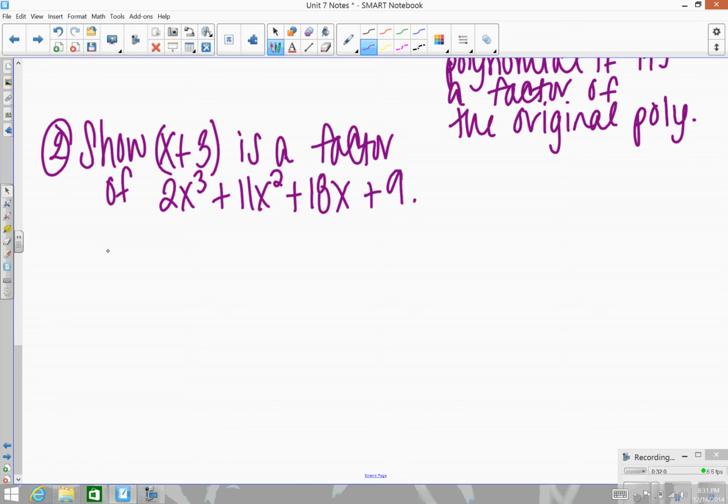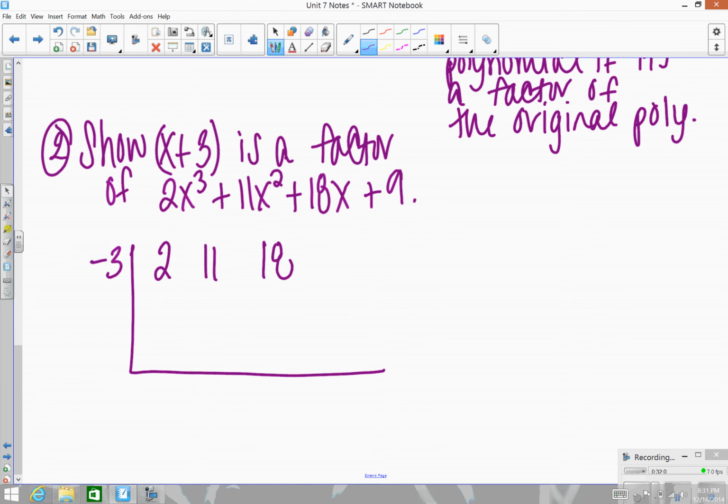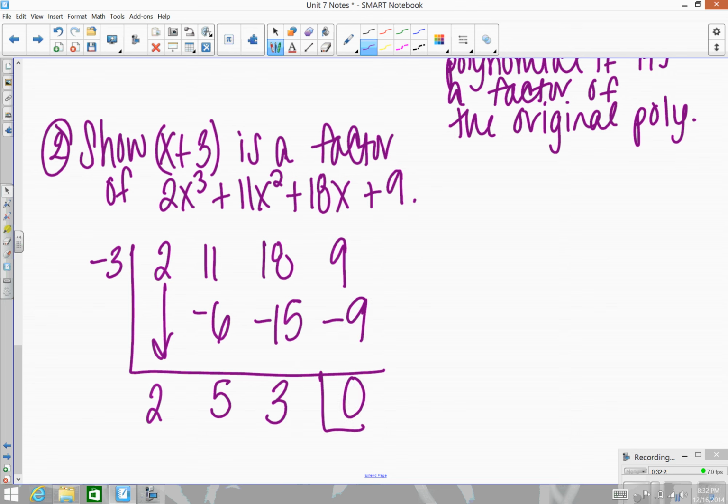So we're going to go ahead and use synthetic division. You put your coefficients. You carry down the 2, multiply 2 times negative 3, we get negative 6. Add these up, you get 5. 5 times negative 3 is negative 15. 18 minus 15 is 3. 3 times negative 3 is negative 9. Add those up, you get 0.